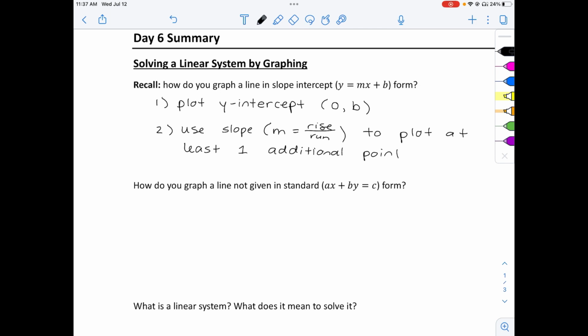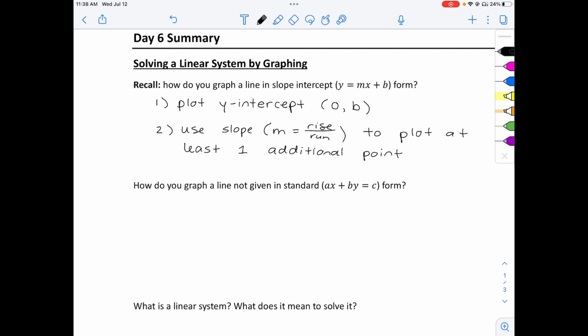Okay, if you want some more details on how to do that more in depth, there is another video on my page where I will show you step by step how to do that. But that's the main idea, is that we're plotting the y-intercept, and then from that, using the slope, using the rise over run to go up and over, or down and over if it's a negative slope, to find another point, connect them with the line, and then you plot your graph.